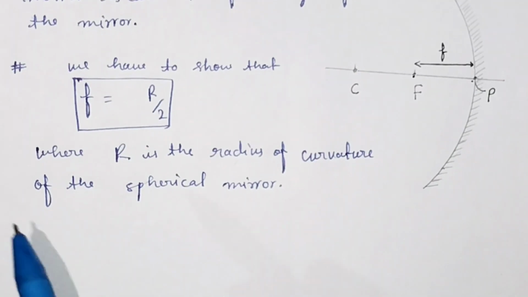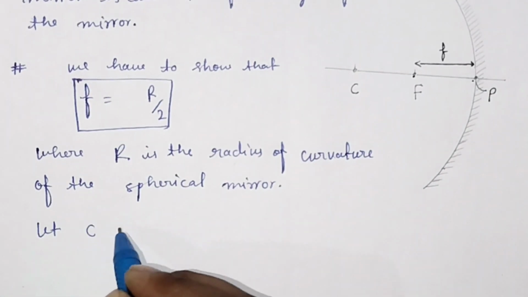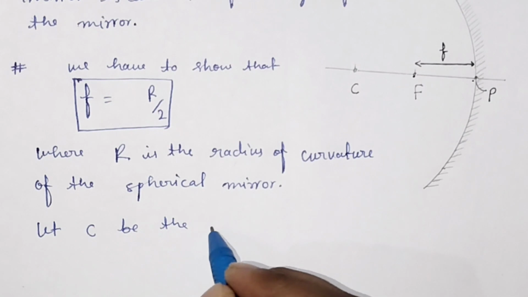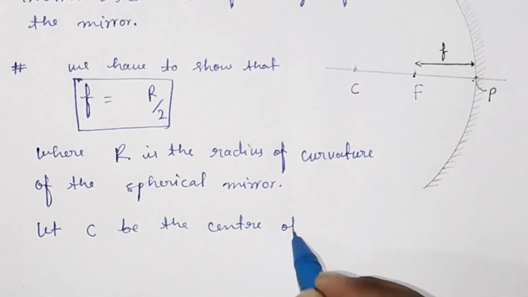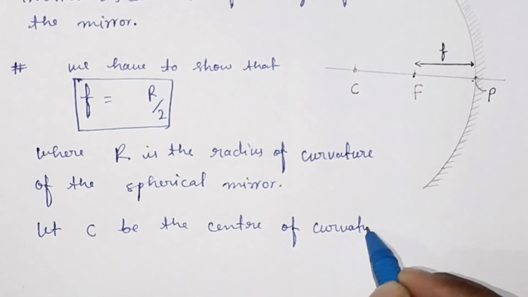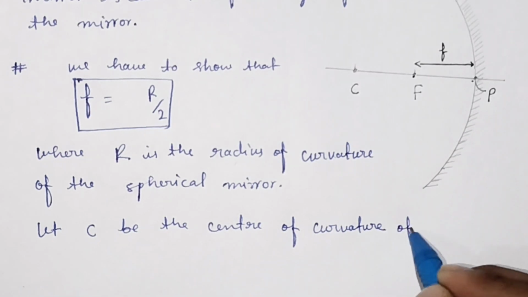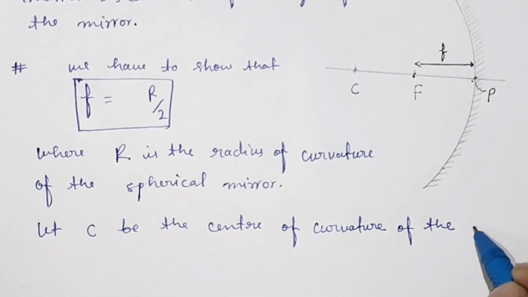So now let C be the center of curvature of the mirror.